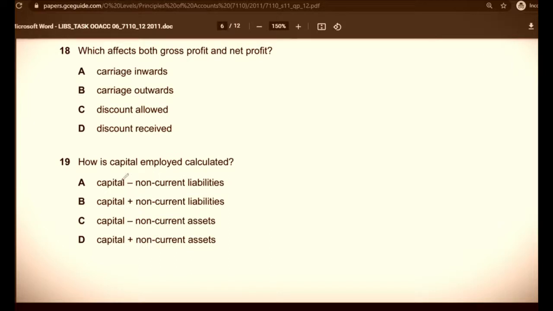Multiple choice 19. How is capital employed calculated? So capital employed is, there are two sources of capital a company can have: loans and equity. So the correct answer to multiple choice 19 is option B, because capital plus non-current liabilities.